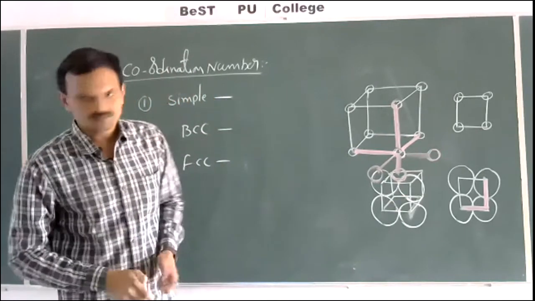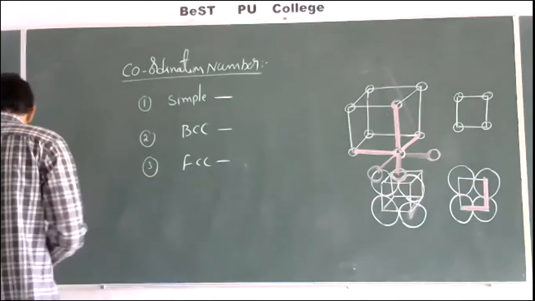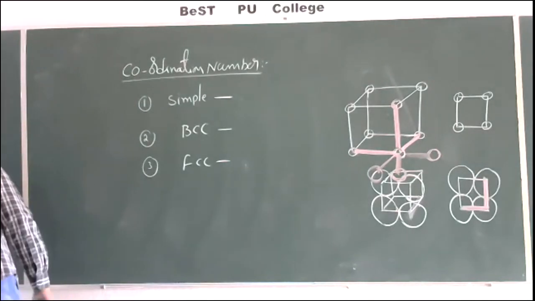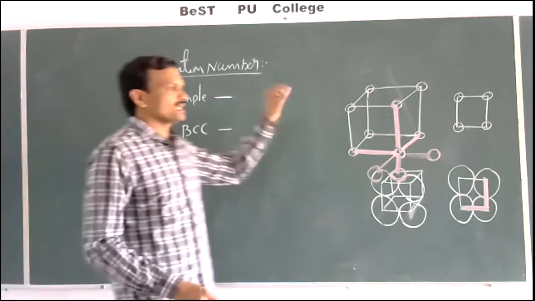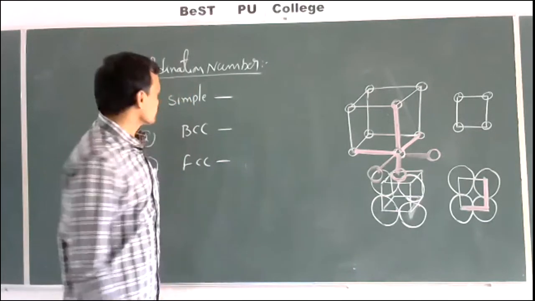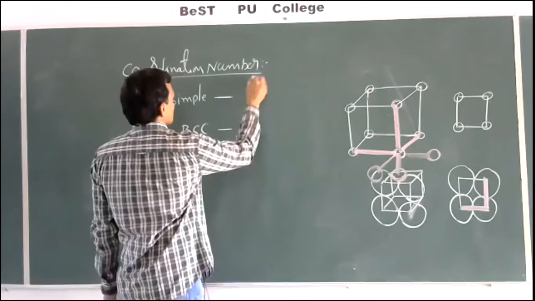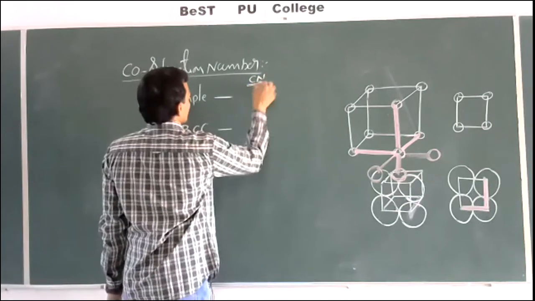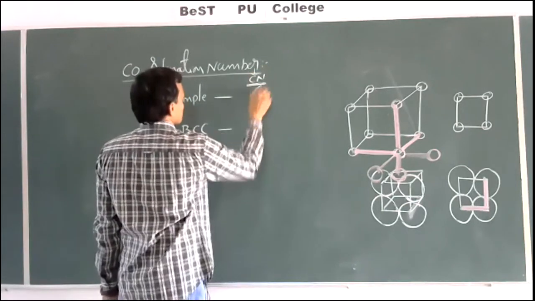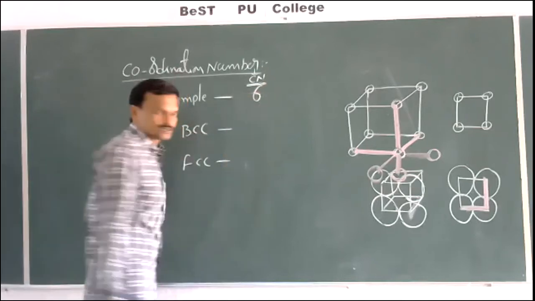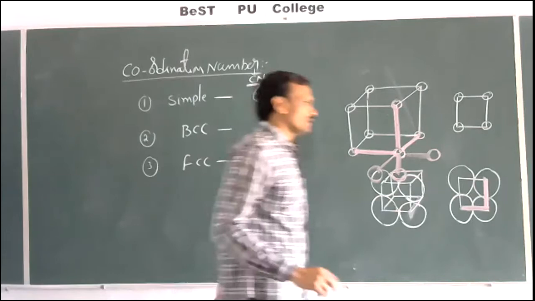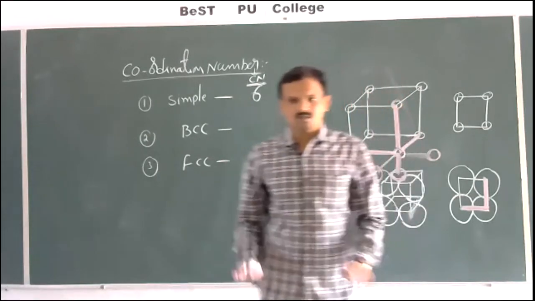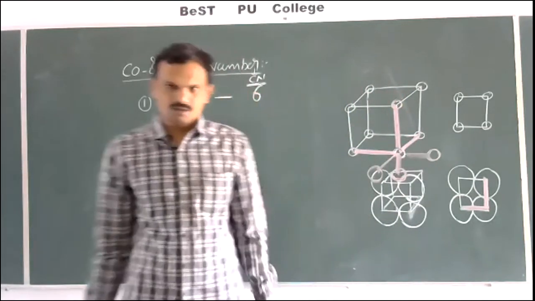That's all 6. That means in a simple cubic lattice, a particle is in contact with 6 nearest neighboring particles. That means the coordination number in the case of a simple cubic lattice is 6. Their positions are front, back, left, right, top, bottom. It is a simple cubic arrangement, right?